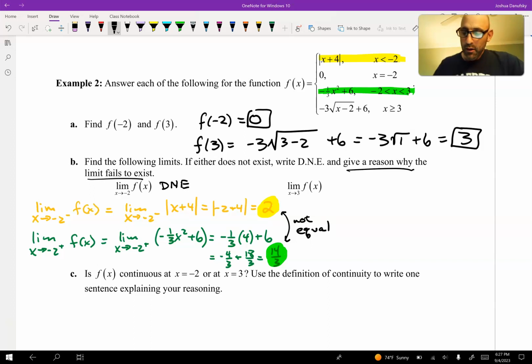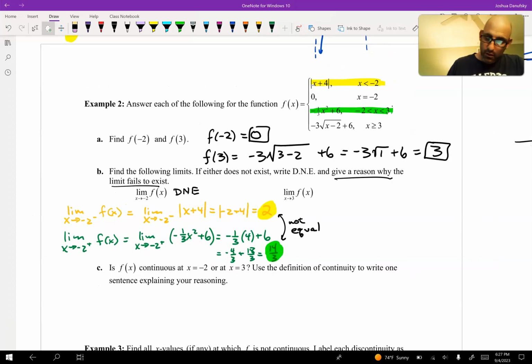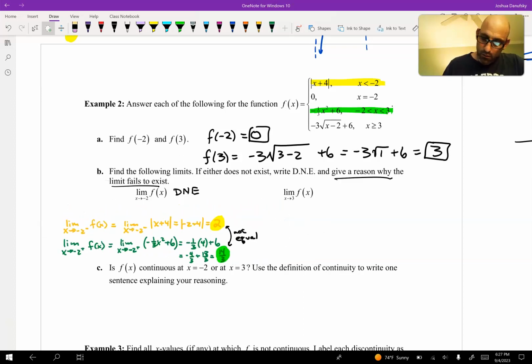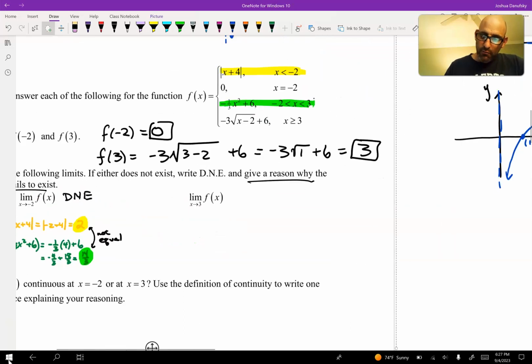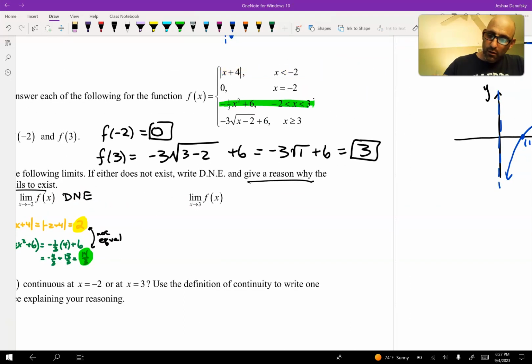All right, now we have to find the limit as x approaches 3. So we're going to do the same thing. Let's go ahead and grab all this and move it out of the way. Okay, so now we're going to do the same thing, but we're approaching 3. So let's go ahead and do these two, right?